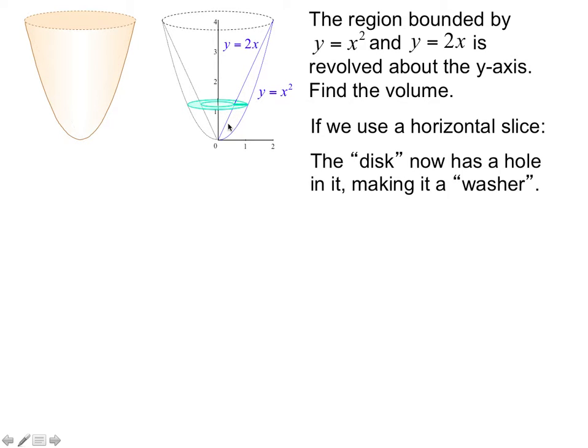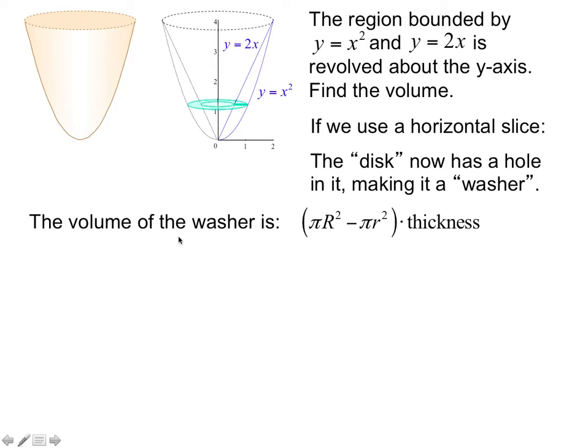So that being the case, then we create, you can call it a washer, you can call it a donut, but its area is going to be pi big R squared, that's the outer radius, minus pi little r squared, which is the inner radius. And then if we multiply that times the thickness, we can get the volume of that washer. And that's basically what we integrate then.